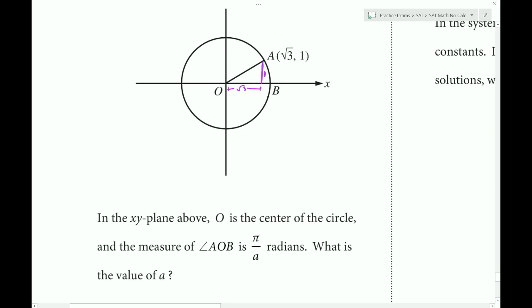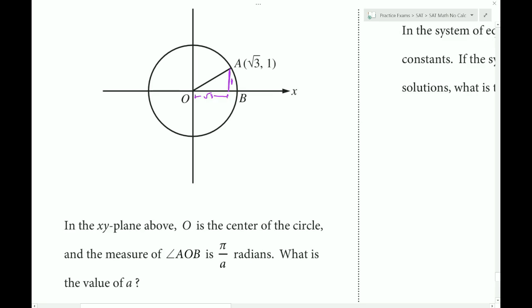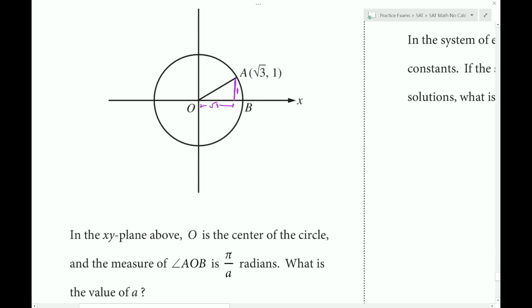Okay. So if we want, we can use some trigonometry to figure this out. Basically, this angle, if I do, for example, a tangent of the angle theta, that would be opposite, which is 1, right, over adjacent, which is rad 3. And if you rationalize this with rad 3 over rad 3, we get rad 3 over 3.